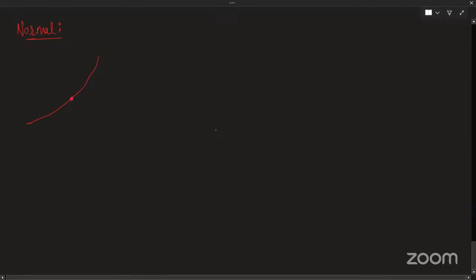equation of tangent. Okay. So tangent means a line like this, and the line that's perpendicular to your tangent is your normal line.